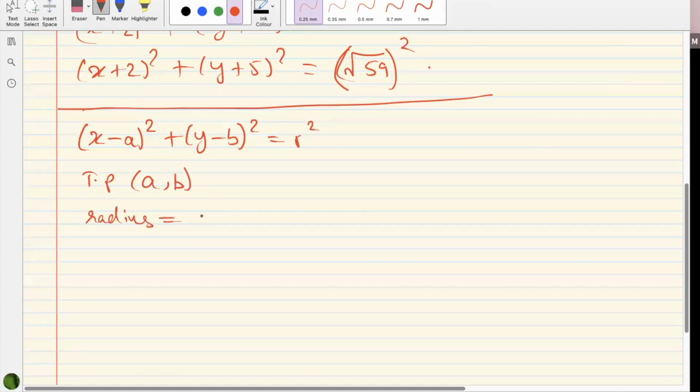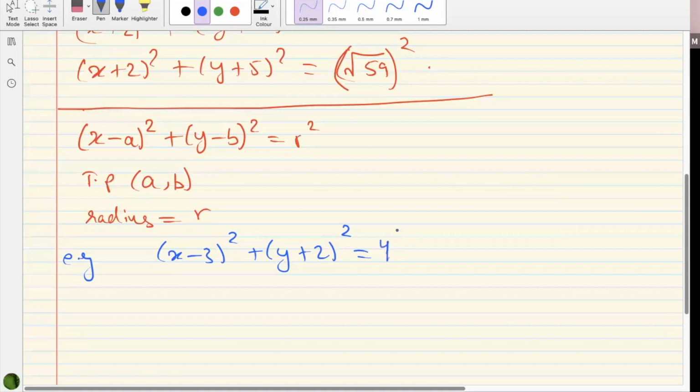Radius is r. So if I write an equation (x minus 3) whole square plus (y plus 2) whole square is equal to 4 square, the coordinates of the turning point will be 3 comma minus 2 and radius will be 4.